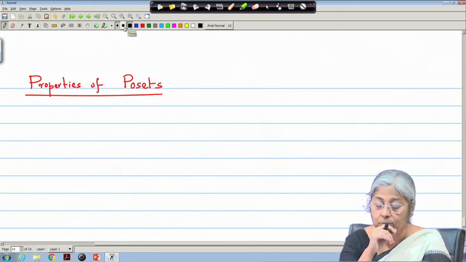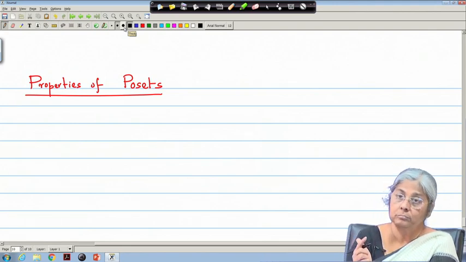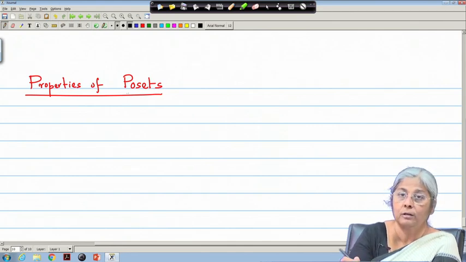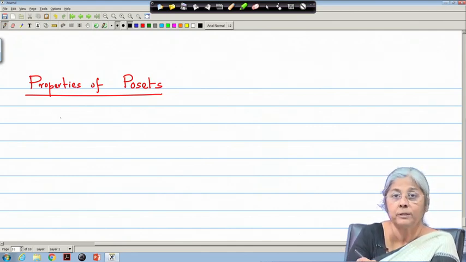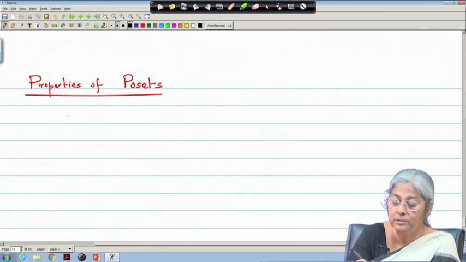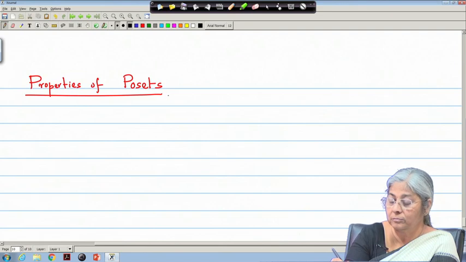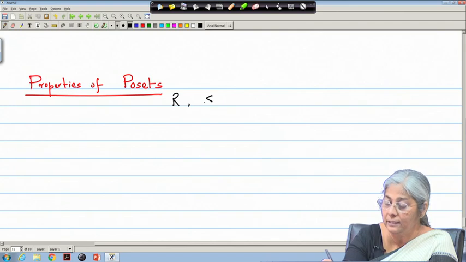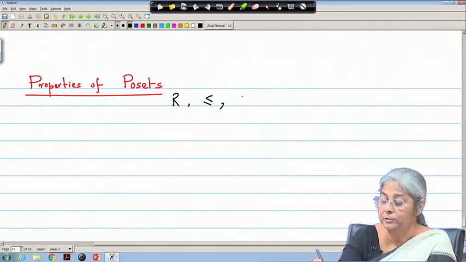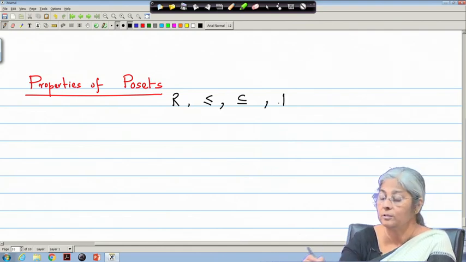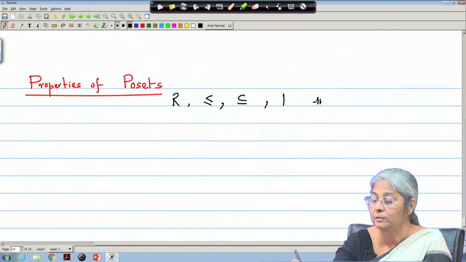Before this, we introduce a notation normally used for posets. If we remember when we learned about posets, we saw that a relation R with the operation less than or equal to, or if we consider set inclusion, the subset, or divisibility, with these operations they form a poset.